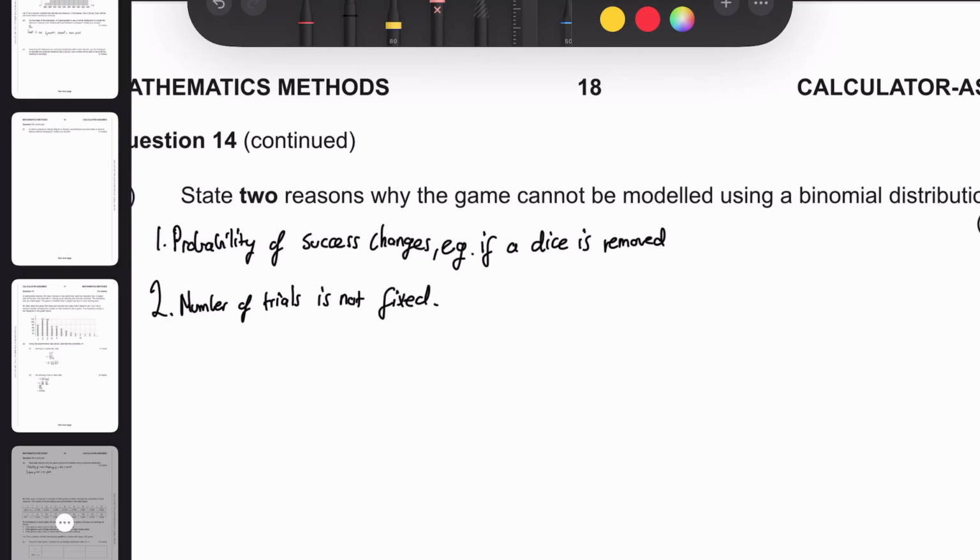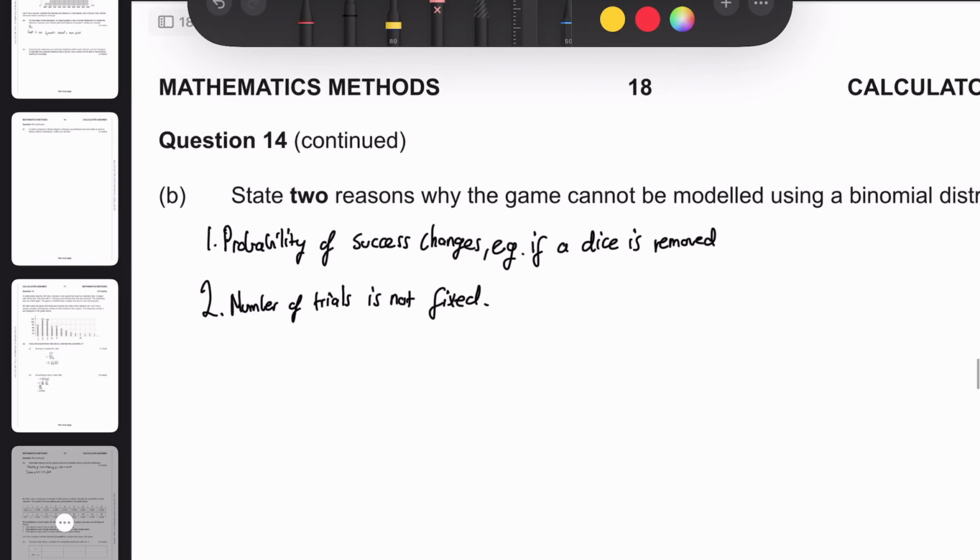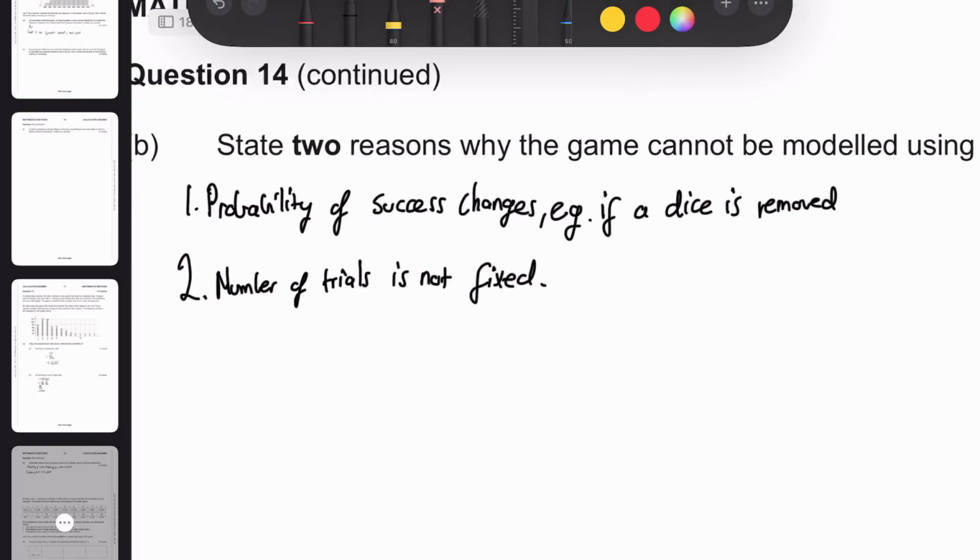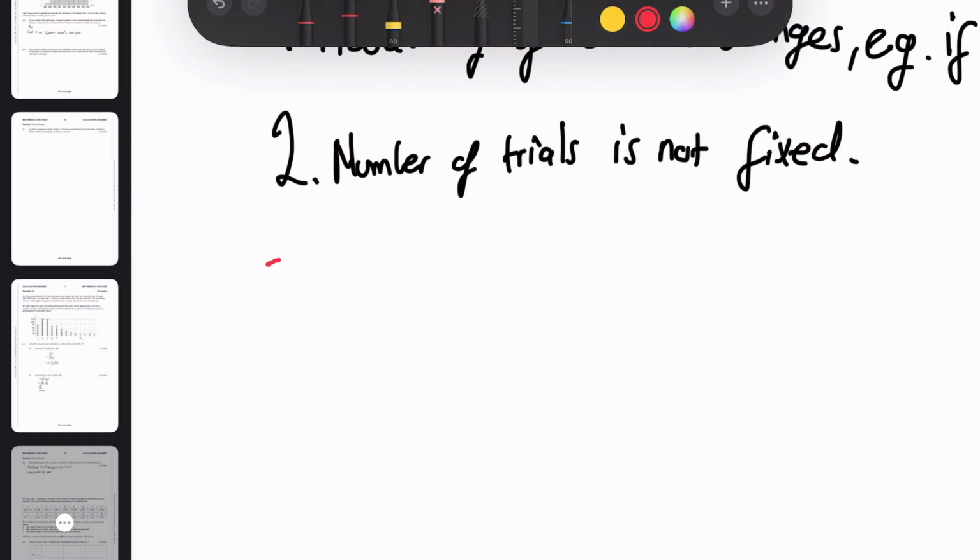And then also we have the third point where the trials are not independent of each other. Okay. You can just add a number 3 here. We only need 2 though, but trials are not independent.